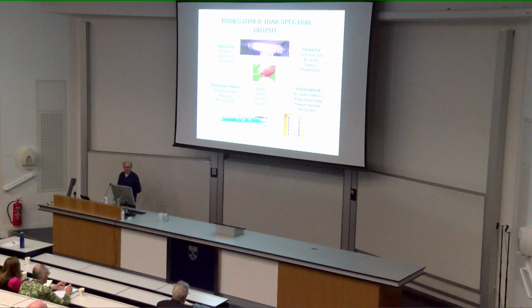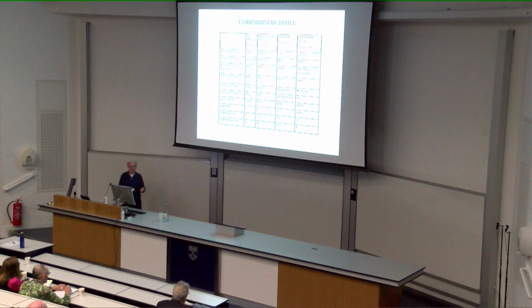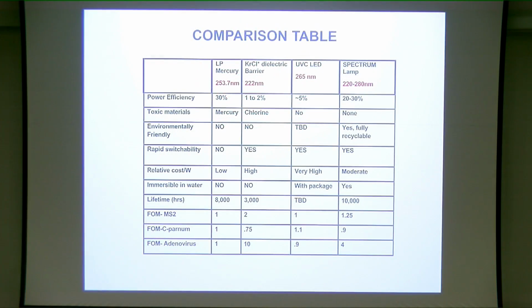I could spend a lot of time comparing all of these lamps, but it depends on your application. What I did do was produce a comparison table, which is crude, giving what's good and not so good about mercury lamps, krypton chloride, LEDs. The bottom three columns are my figure of merit, and you can see they're all near 1. By definition, mercury is 1. Krypton chloride is 2 to 10 for MS2 and the adenovirus.